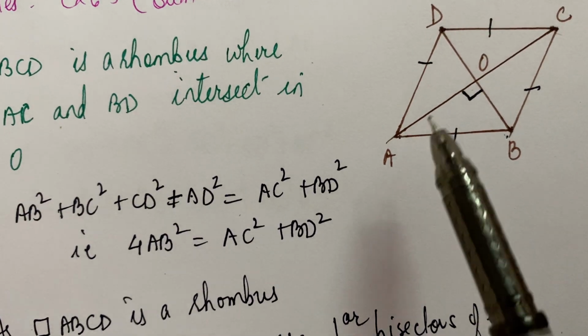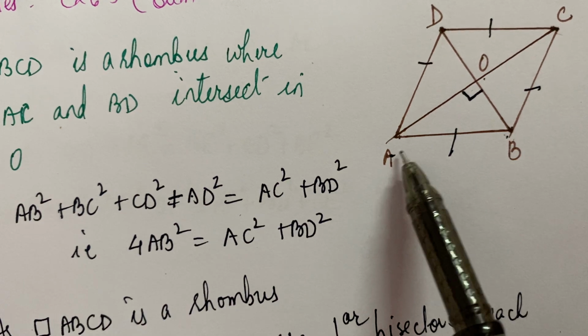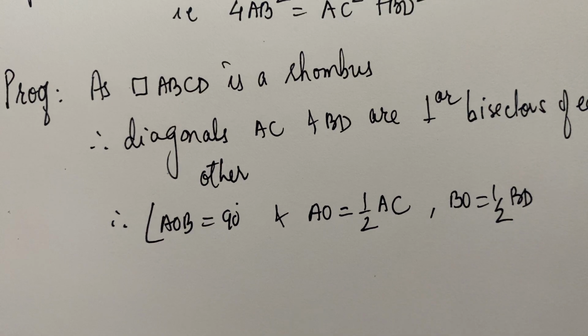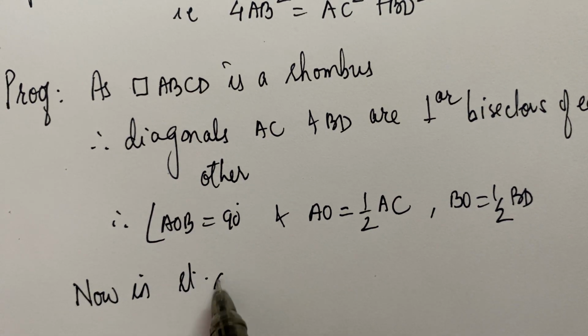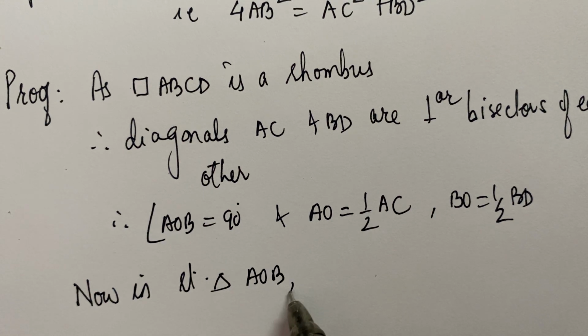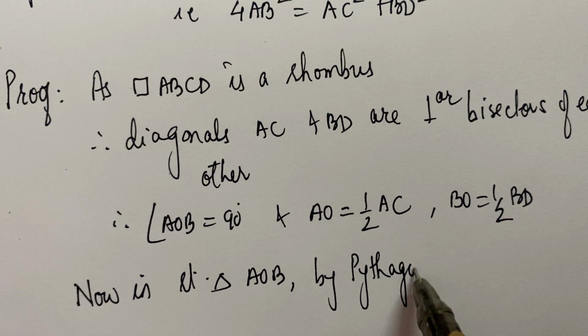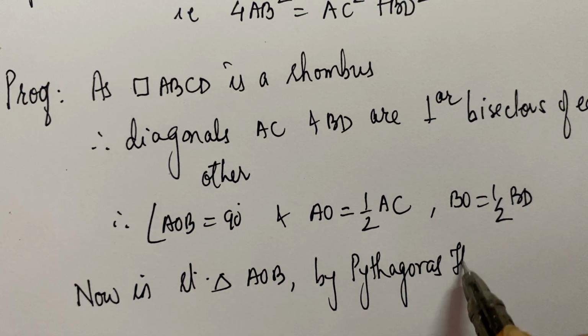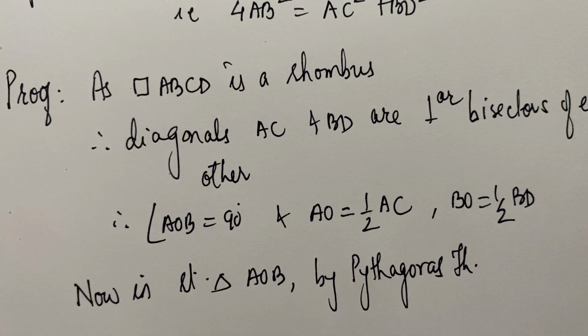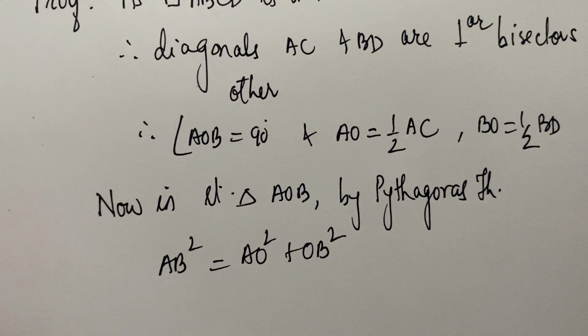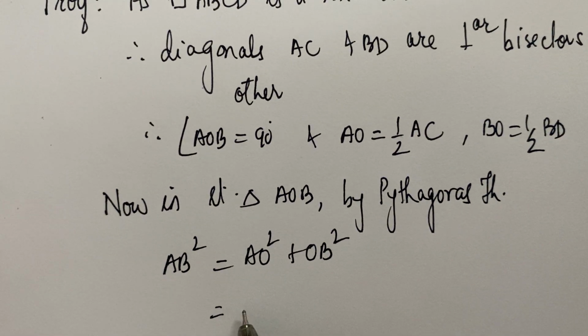Okay, we will make use of this property. Now we come to this right triangle AOB, and by Pythagoras theorem we will come to the required result. Now in right triangle AOB by Pythagoras theorem, what are we going to get? AB square is equal to AO square plus OB square. What is your AO?